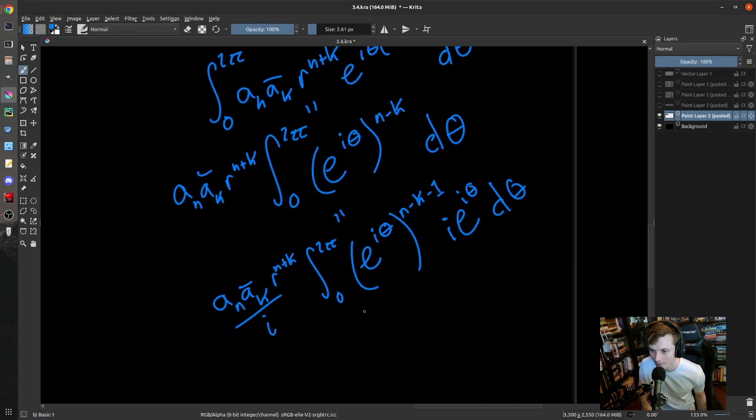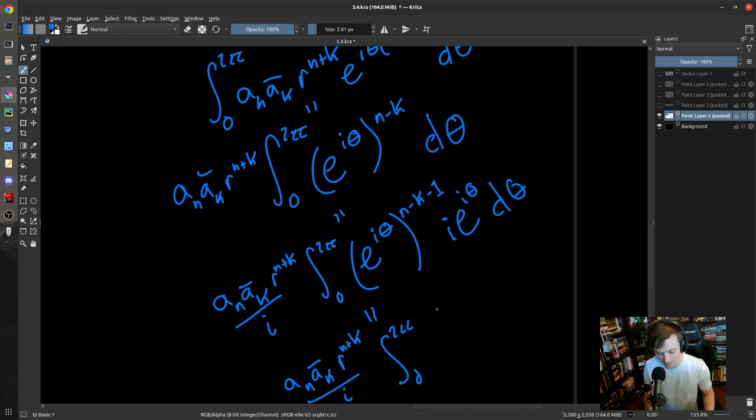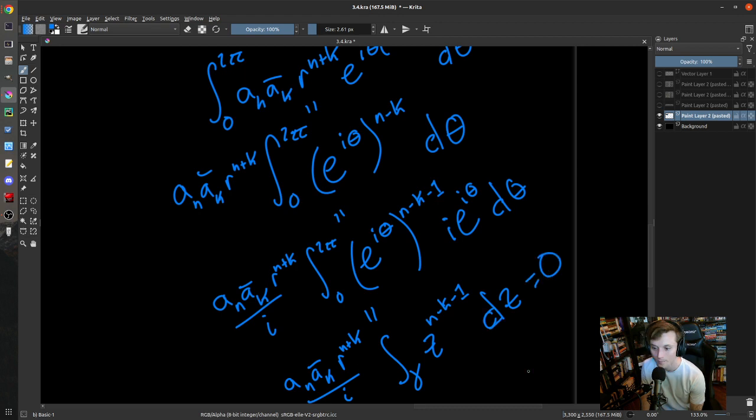And then notice that this is a_n a_k bar r to the n plus k over i, integral, or I'll even get rid of the 0 to 2 pi. So it's about a curve gamma, z to the n minus k minus 1, dz, about the unit circle. What is that? It's 0 by Cauchy's theorem.